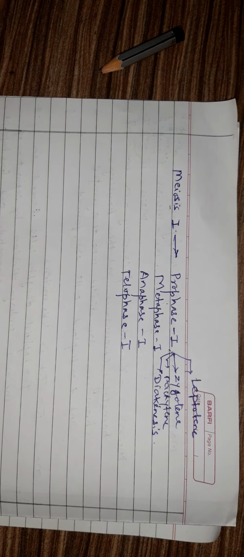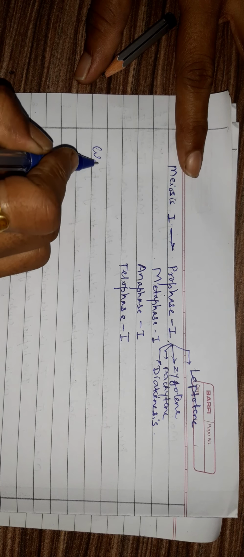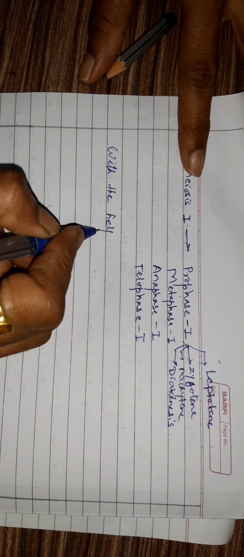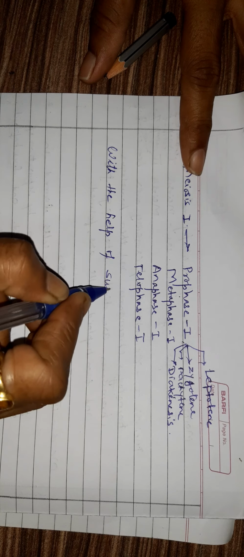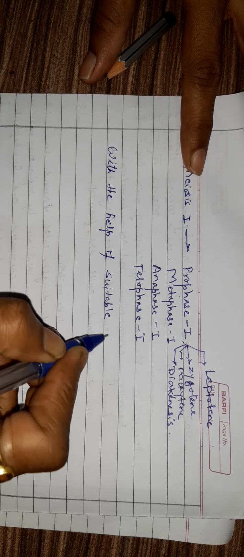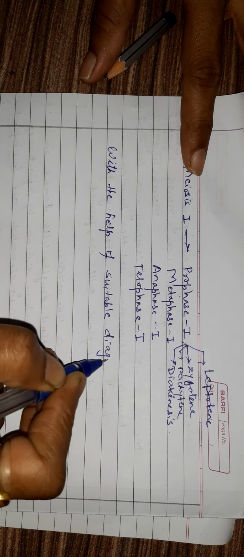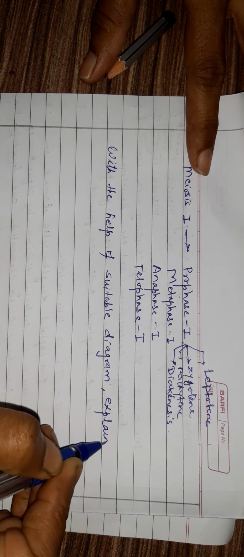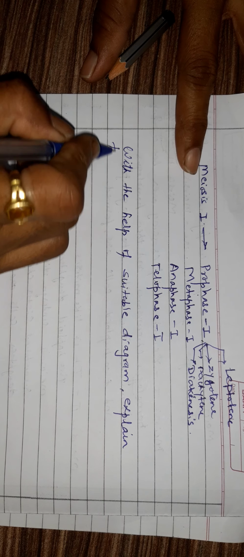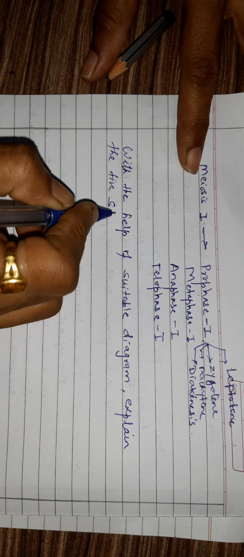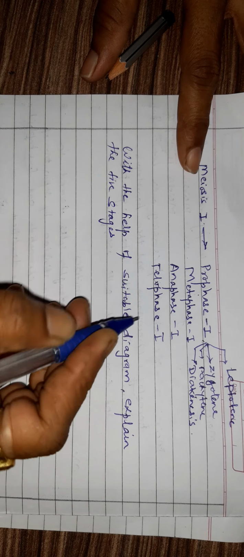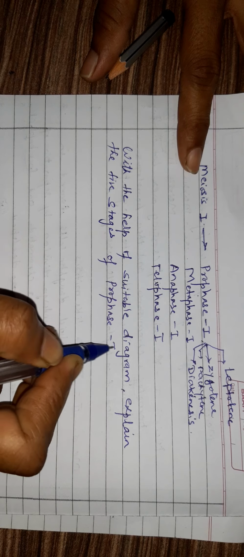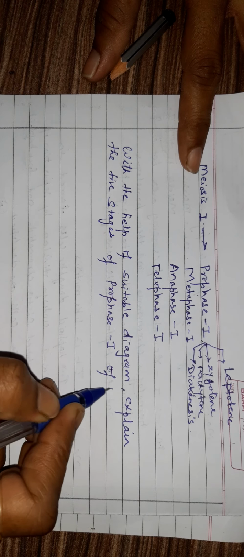Now your question is, with the help of a suitable diagram, explain the 5 stages of prophase 1 of meiosis.